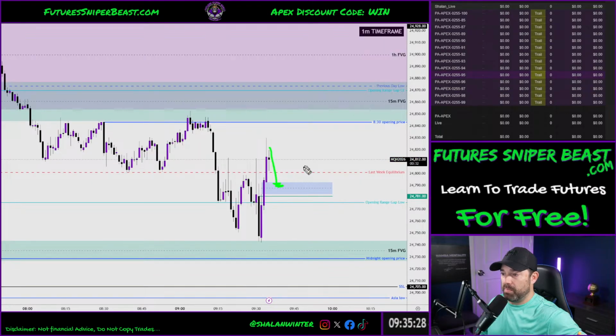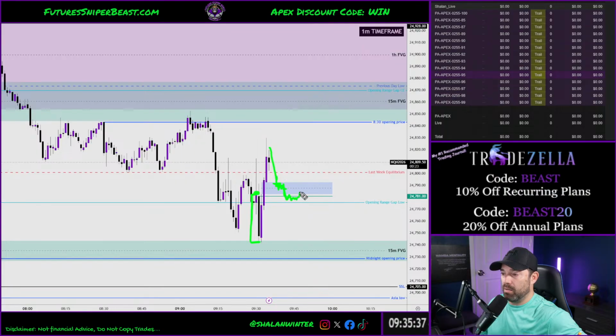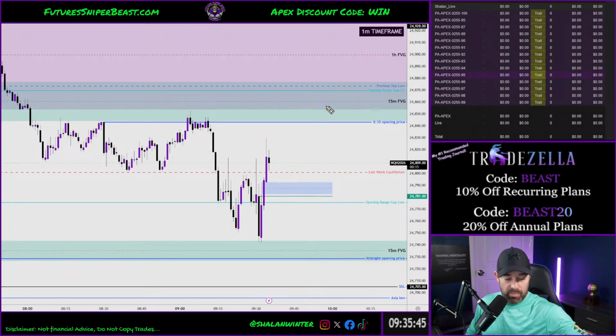Maybe the bodies are respecting, but it's overshooting with wicks into the order block below it, and tagging that order block before it goes. And then, let's say leaving another fair value gap, overshooting it, tagging order blocks, and keep going. So pay attention to that.